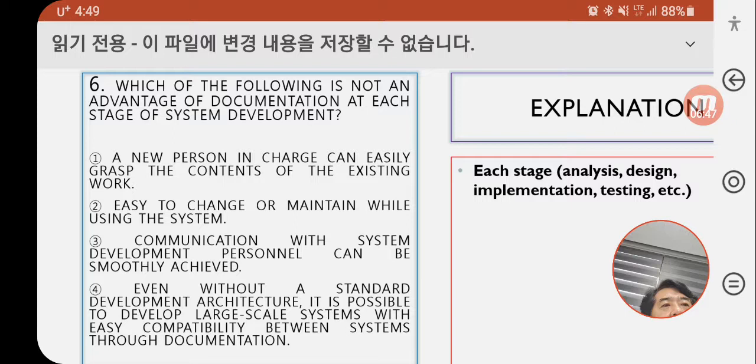All of these are correct. Number 4, even without a standard development architecture, it is possible to develop large-scale systems with easy compatibility between systems through documentation. Number 4 is the correct answer in these questions.